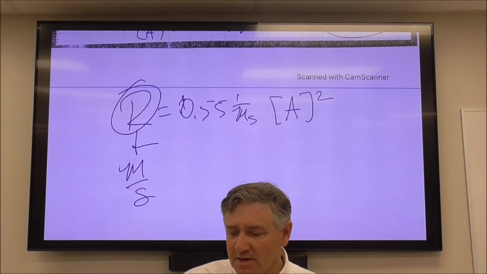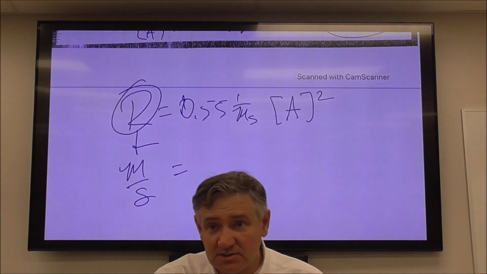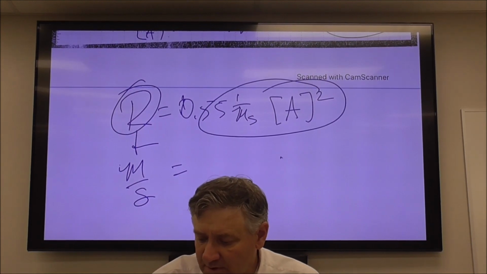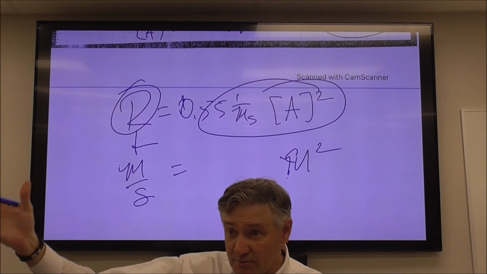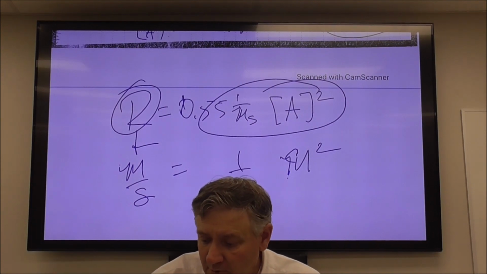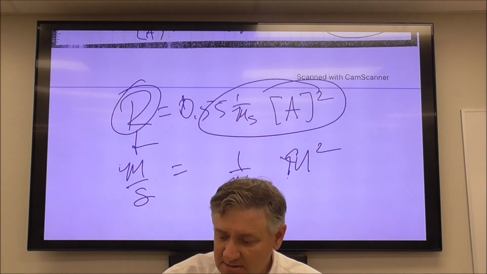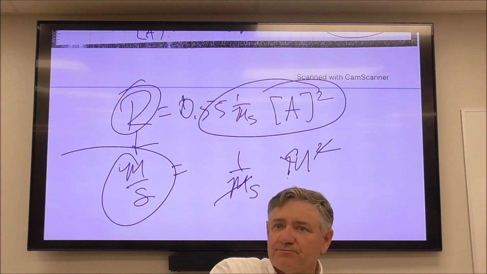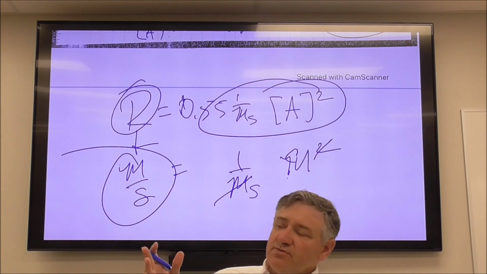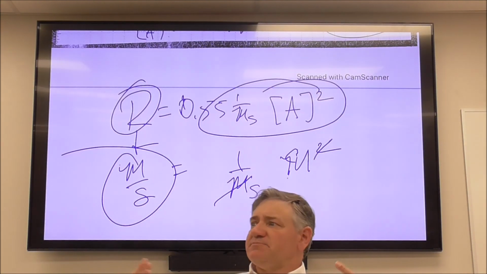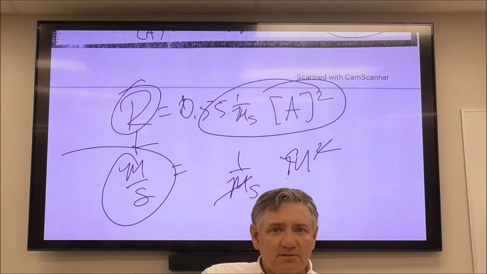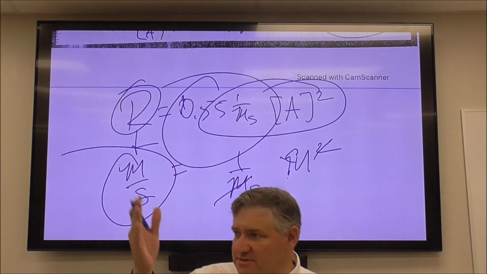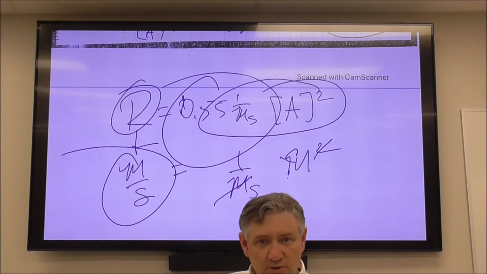Always molarity per second. So now, this is where these two ideas merge together. I've got A squared, that's molarity squared, because it's the rate law. I multiply that by 1 over molarity seconds. Those cancel out. I get molarity per second. It still works out. Okay, so once you view this holistically, you say, this is how all these pieces of the puzzle fit together. The rate law and the integrated rate law fit together because they're both going to have the same value of K with the same units.